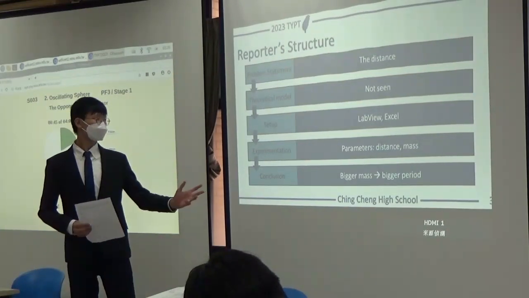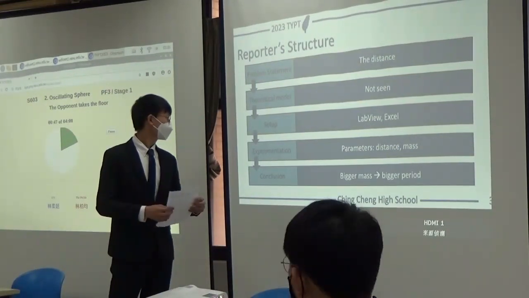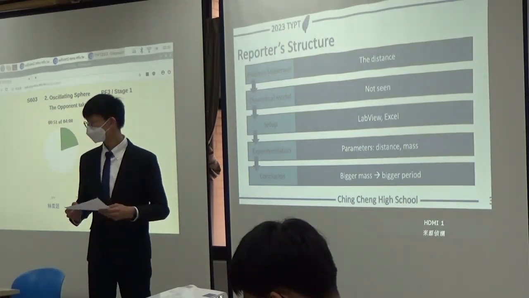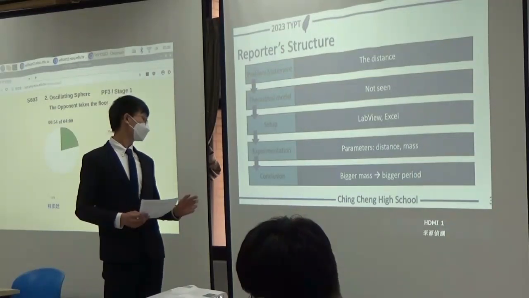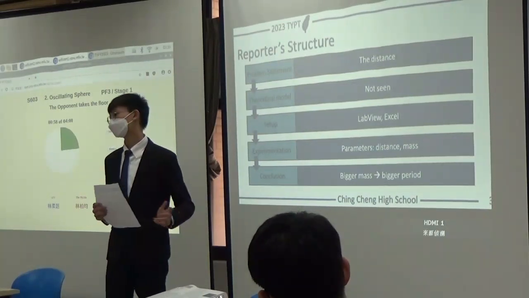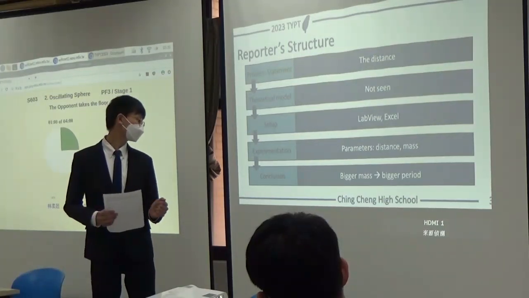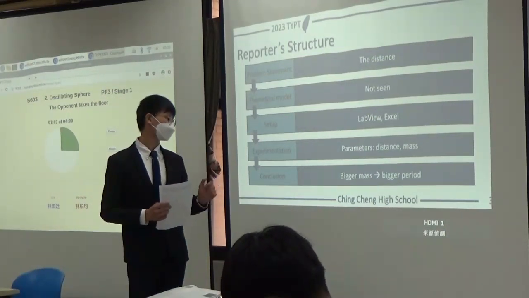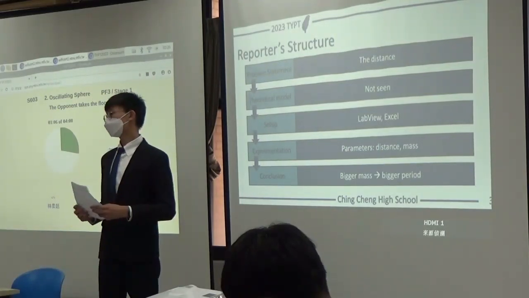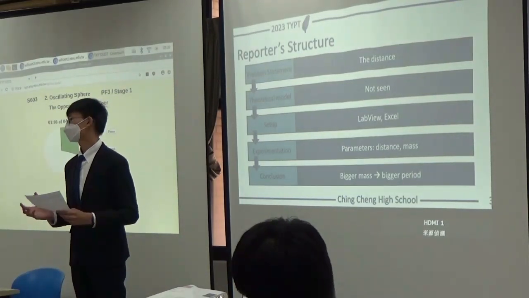And about the setup, we can see they use the tennis ball as the sphere. And about the experimentation, we can see their parameters are the distance and the mass of their sphere. And about the conclusion, she said when the mass of the sphere is bigger, the period of the sphere rotation will be bigger.